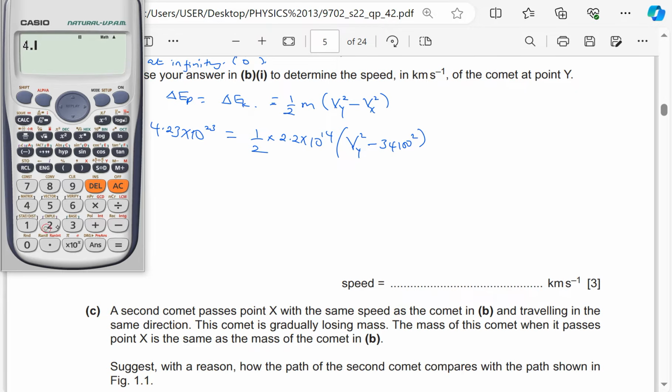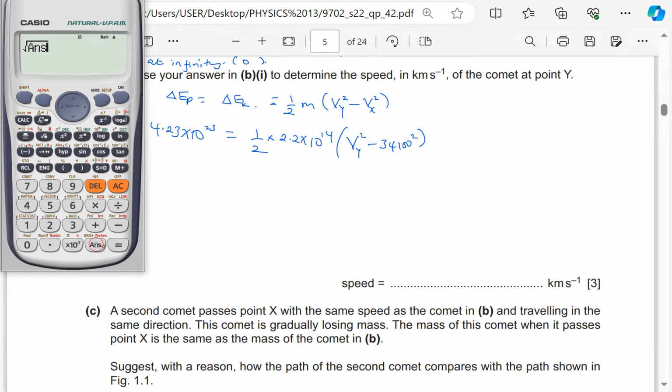Okay, so I'll make vy the subject. I say 4.23 exponent 23 times 2 divided by 2.2 exponent 14, then plus 34100 squared. I'm making vy squared the subject.